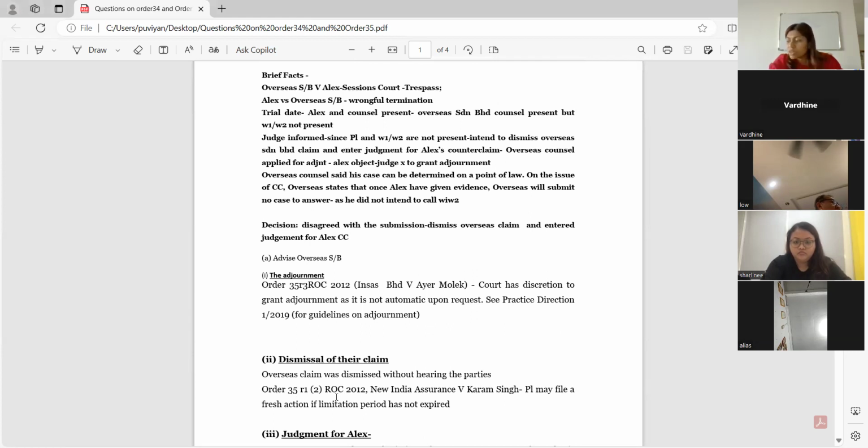Just copy paste what is stated in Order 35, Rule 1, Subsection 2, where if, when the trial of an action is called on, one party does not appear, the judge may proceed with the trial of the action or any counterclaim in the absence of that party, or without trial, give judgment or dismiss the action or make any other order as it thinks fit.